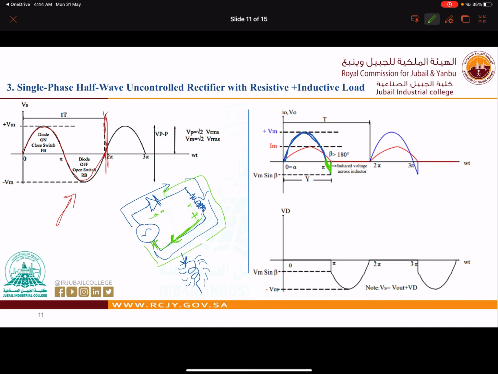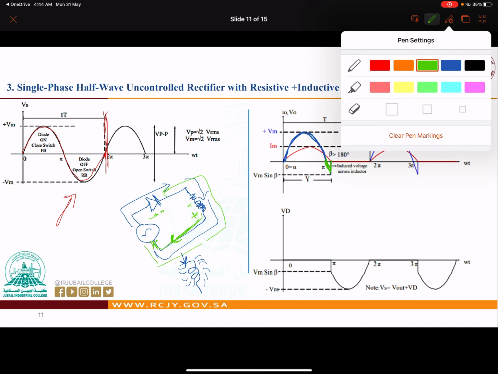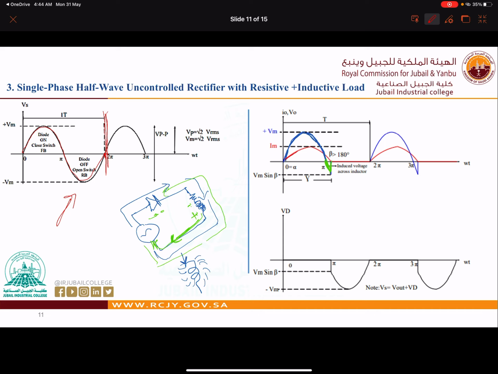Now for the current here, we can use the red color. For the positive cycle, the current will charge, the diode will pass the current, and then it will start going to 0 after pi. It is pi plus theta, right?